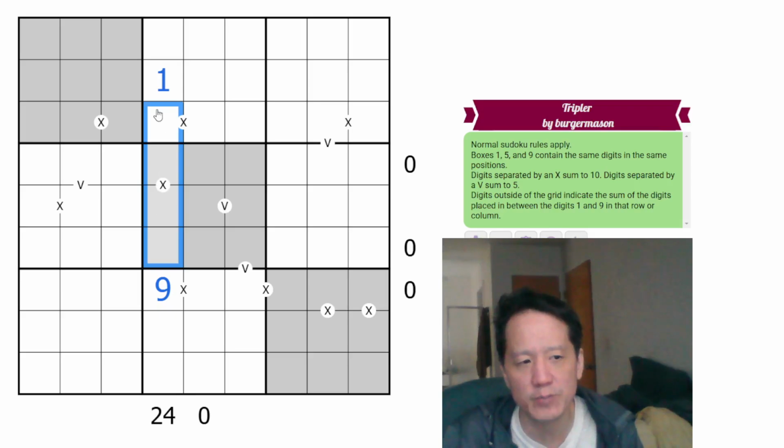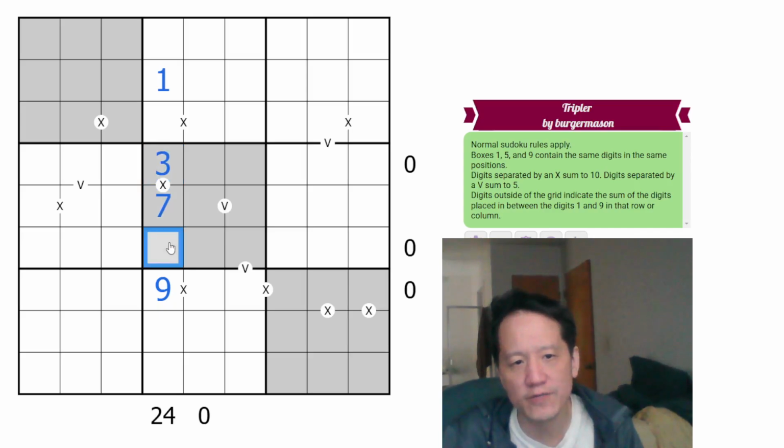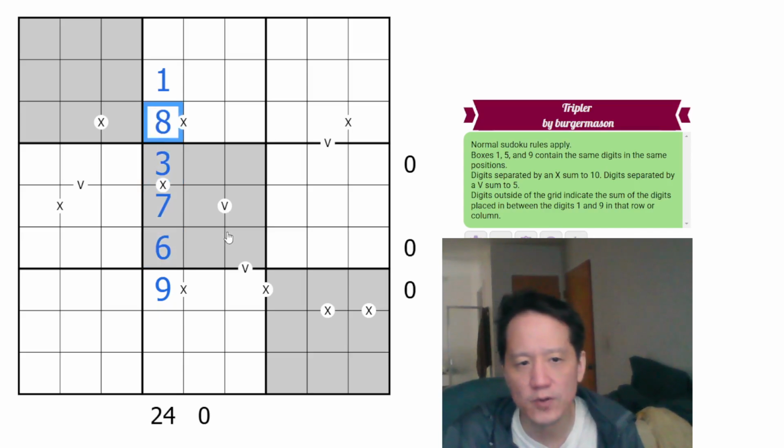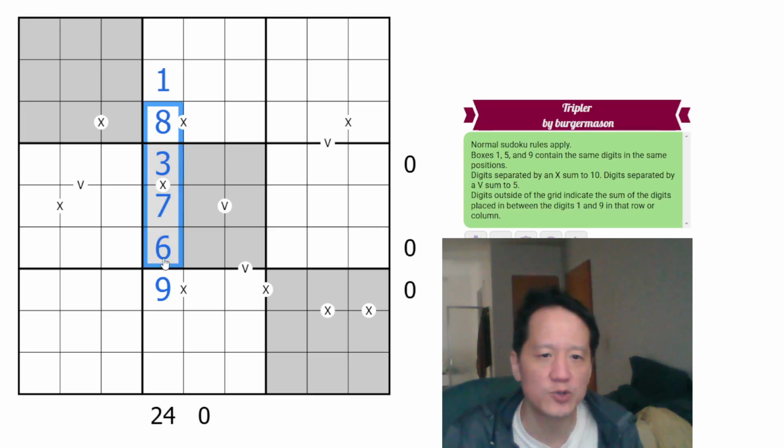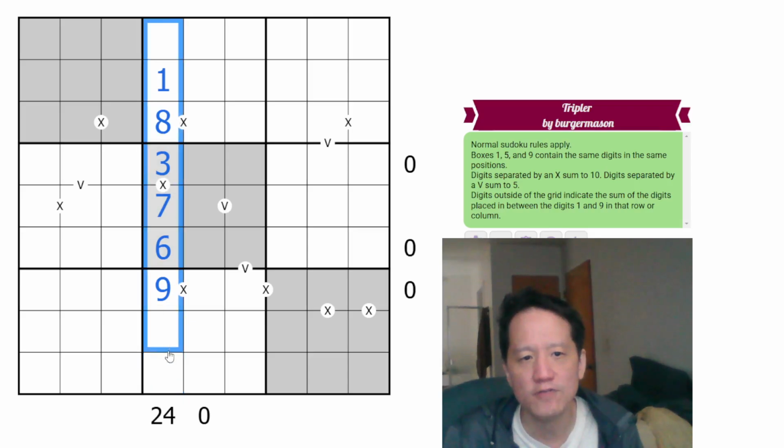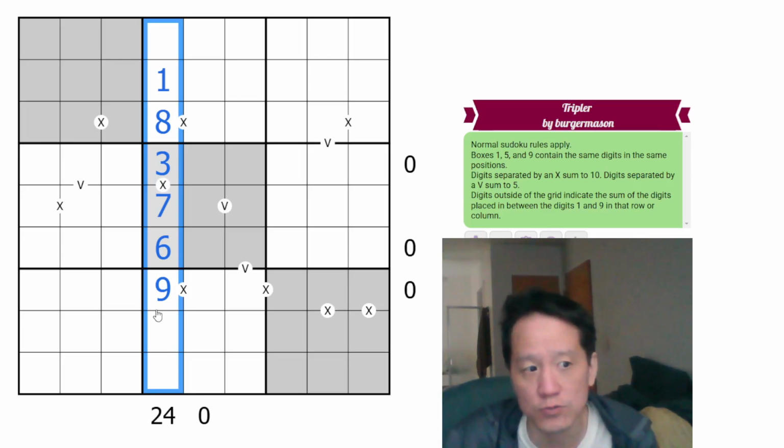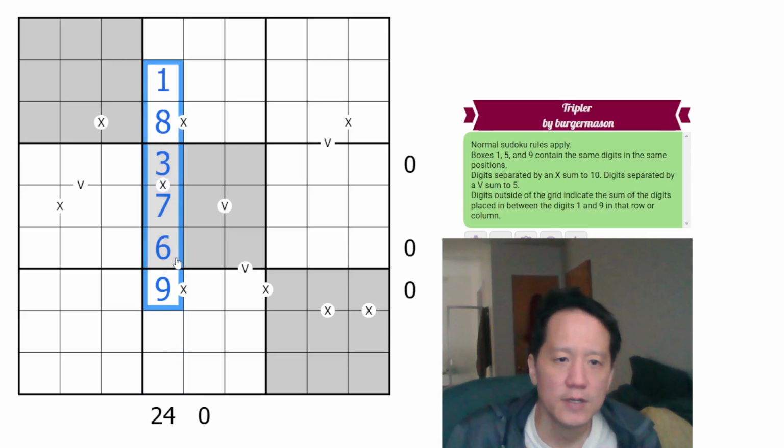A valid example could be 3, 7, 6, and 8. These 4 digits add up to 24, which is signified by the number outside of the grid. That's typical sandwich Sudoku rules.